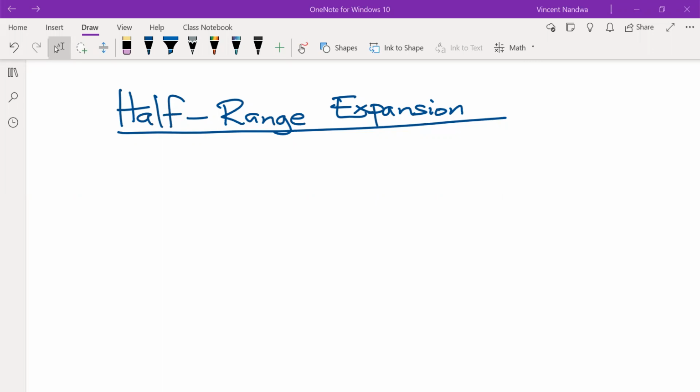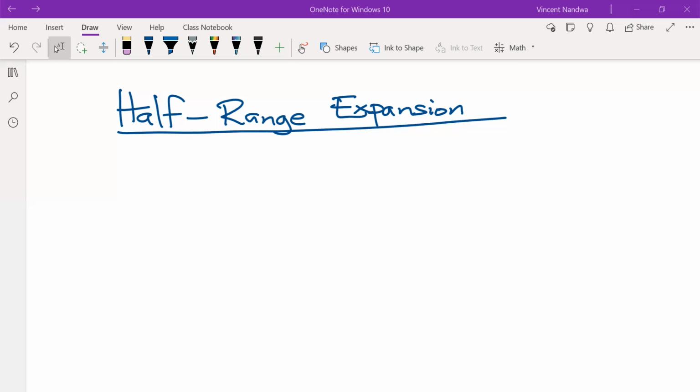To be able to find the Fourier series of this function, we can extend the interval of definition to, say, from minus pi to pi. And once we extend the interval of definition, we can either decide to expand the function as a cosine Fourier series, or as a sine series.